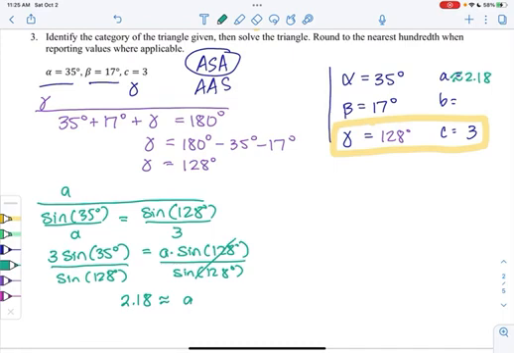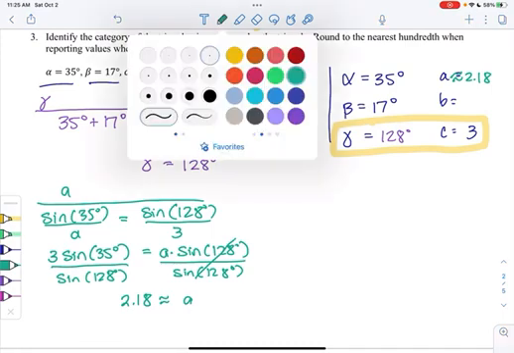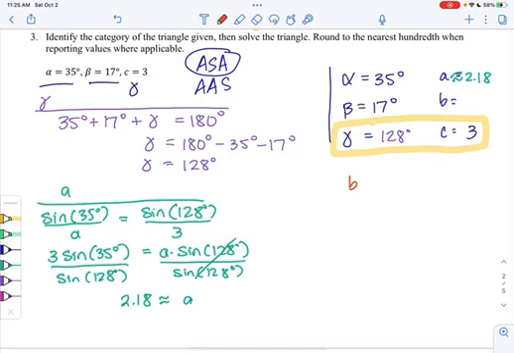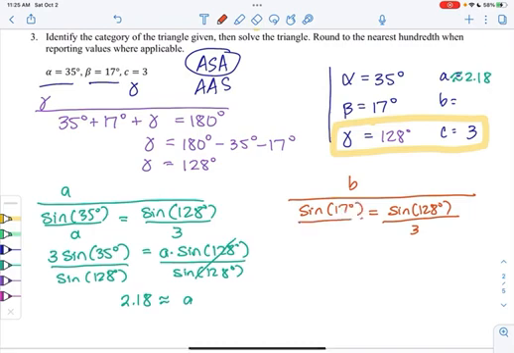And then I can do the same kind of solving for B. I'm still going to use this known pair here, so I still have sine of 128 degrees all over 3 on one side, and on the other side, I'm going to want sine of beta, which is 17 degrees, all over B, and then I can solve for B. So I get B times sine of 128 degrees equals 3 times sine of 17 degrees.